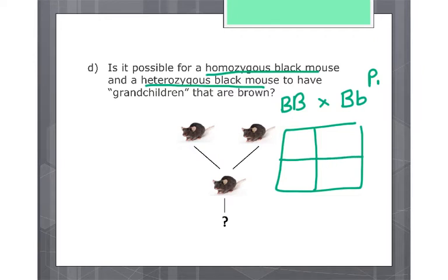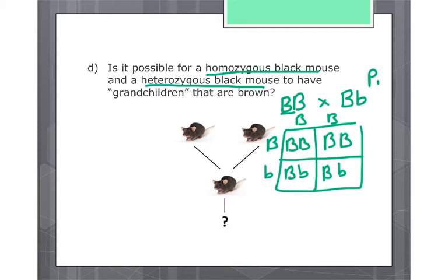So I drew my Punnett square slightly different. That is okay. We're going to take big B, because I'm taking this first parent, and cross it with the other parent, big B, little b. So here, first square, big B, big B; big B, big B; big B, little b; big B, little b.